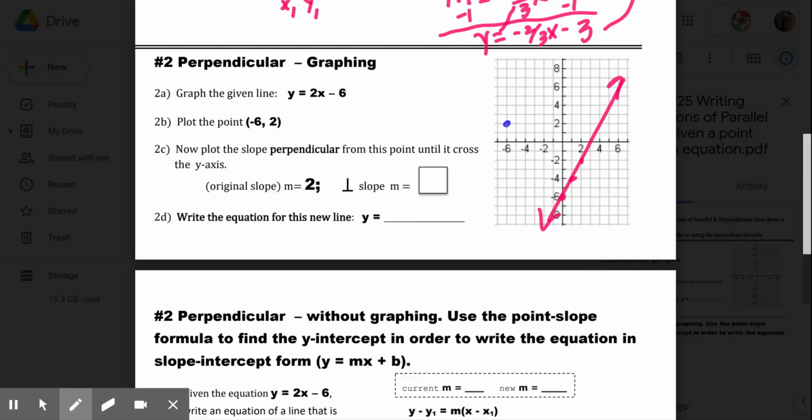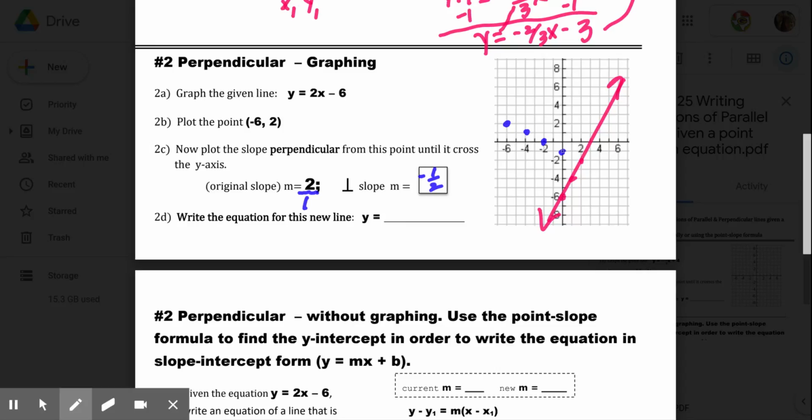Now remember that as a whole number, 2 would be 2 over 1. So we're going to flip it and make it negative. So we will go down 1, right 2, down 1, right 2, until it hits the y-axis, because that's what we're needing.